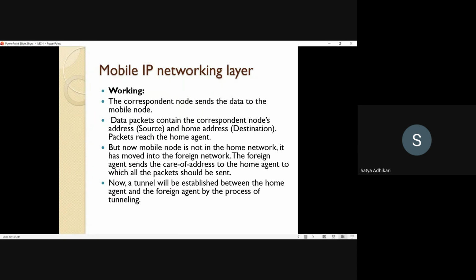Now a tunnel will be established, a dedicated path between the home agent and the foreign agent by the process of tunneling. As we discussed in the last class, a dedicated tunnel is established between the home agent and the foreign agent, and this process is known as tunneling.